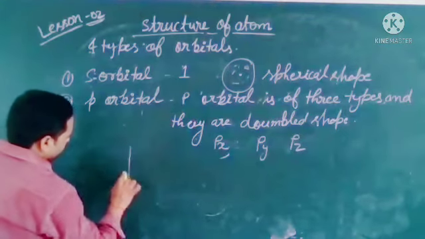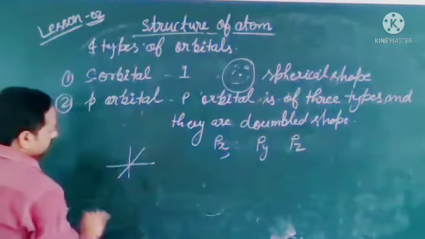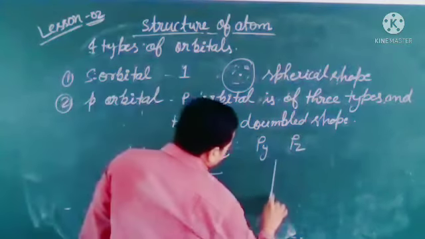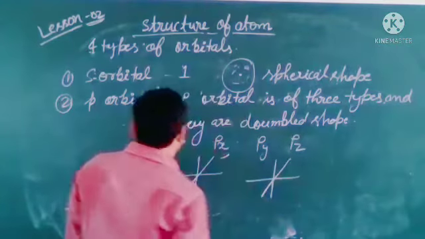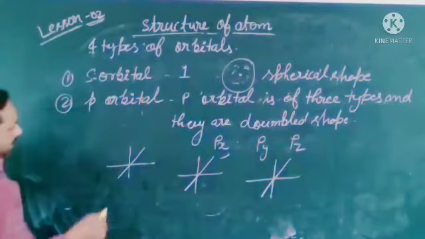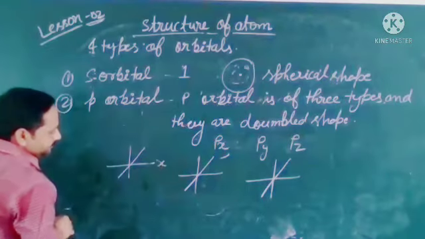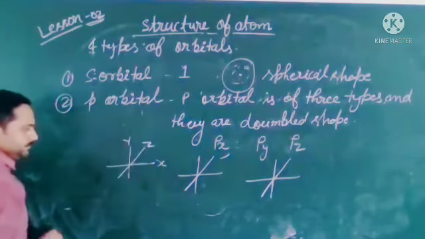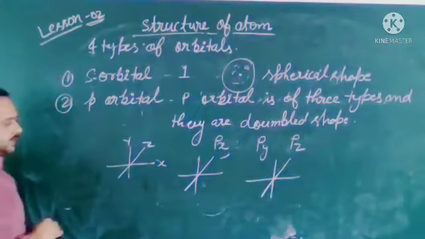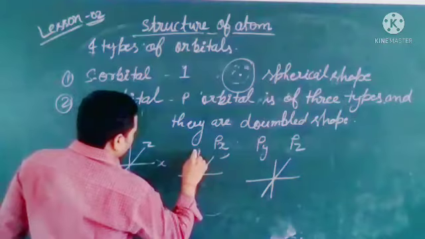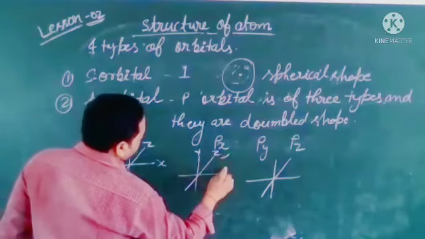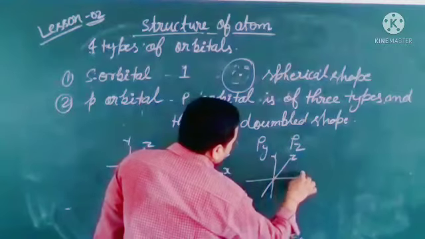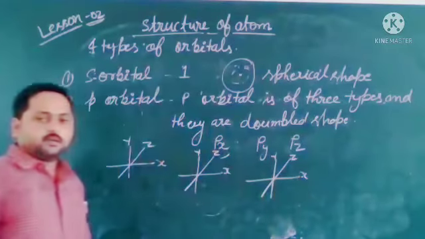For the p orbital we will take three axes, x, y, and z, like this.